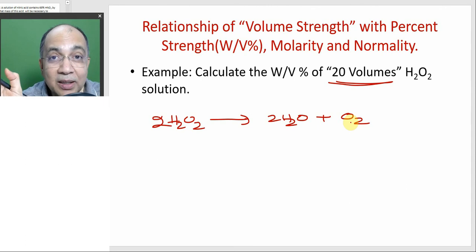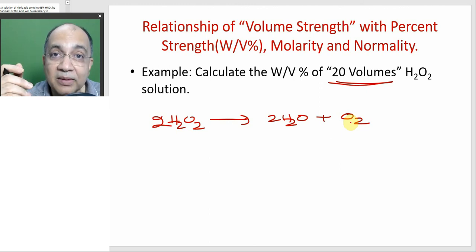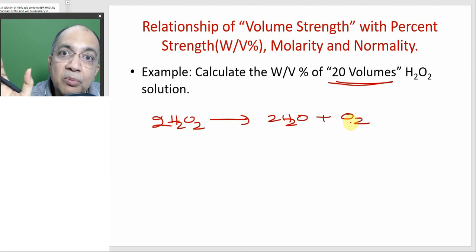Make sure that you don't go mad after the equivalent concept, applying it every time and assuming the n factor will be the same too. No. For a redox reaction where H2O2 is acting either as an oxidant or a reductant, the n factor is 2. But here this is disproportionation. I told you how to find the n factor. That is more intriguing. So use your molar method concept.